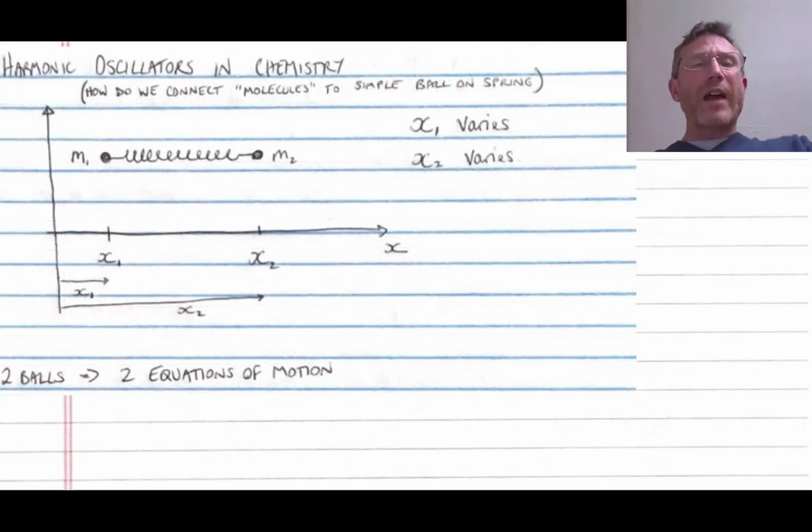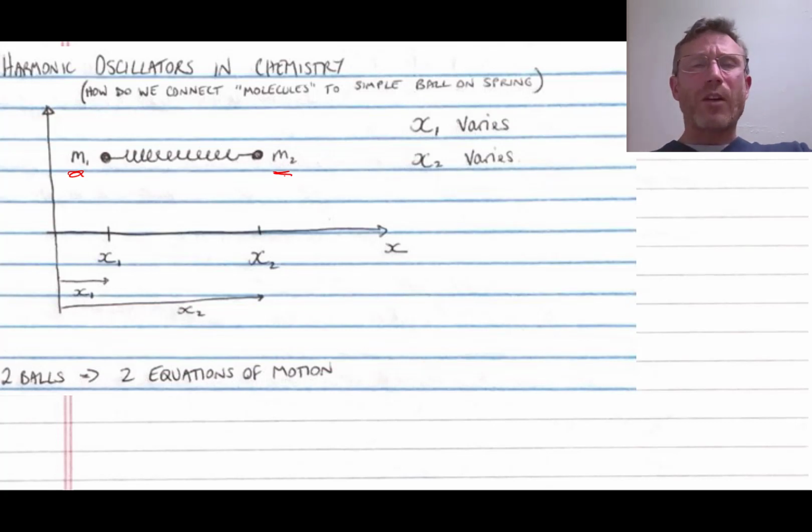So now we're going to talk about harmonic oscillators in chemistry. And really, as we think about this ball on a spring tied to a wall with no gravity, how does that at all relate to molecules? In fact, harmonic oscillators in chemistry are best described when we have a hydrogen chloride molecule, for example. We have two masses, a mass M1 and a mass M2, and they're connected together by this bond.